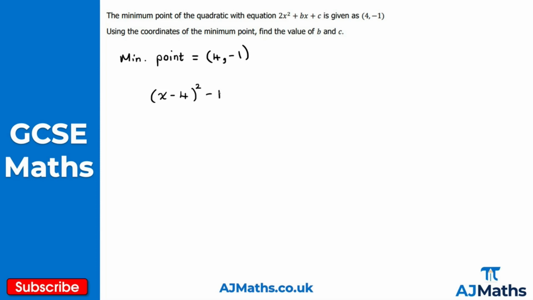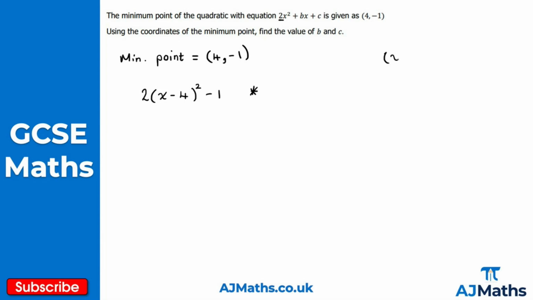But we need to be very, very careful here, because we're told that the original quadratic has a coefficient of x squared that's 2. Okay, so what that means is for our completed square form, we'll have a 2 on the front like that. So what I need to do now is expand and simplify this expression. Okay, so applying BIDMAS, I need to expand this bracket first.